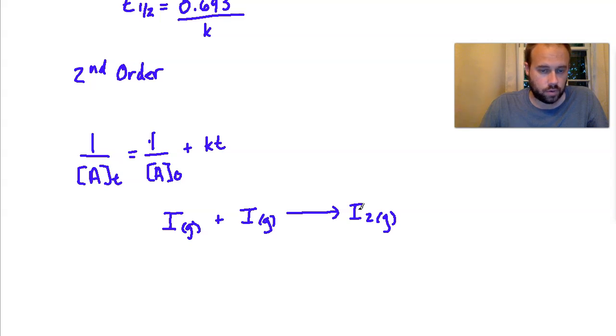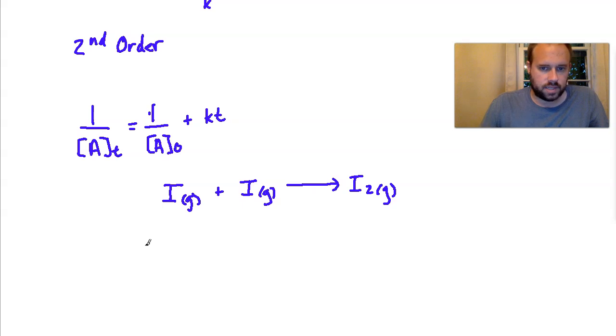Each of them contribute 1 and 1. So when we take a look at this specific reaction, we've got K equaling 7.0 times 10 to the 9th. Okay, and the unit is per molarity second.